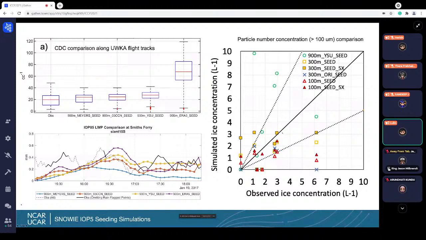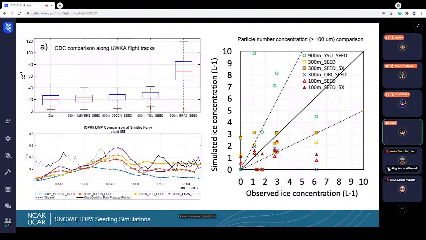And here is a summary of our seeded simulation. Each symbol, the color and shape of the symbol represent different rounds, and the number of the symbols represent the legs or the flight legs that we collect the ice or large particle concentration within the seeding plume. And here we have 7 legs that have these data.